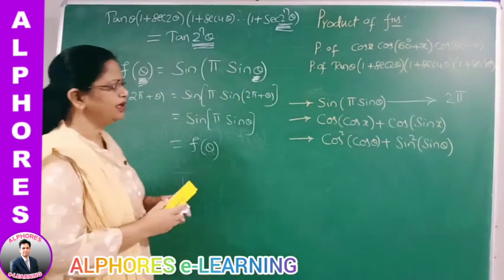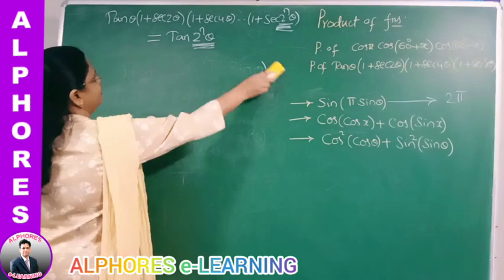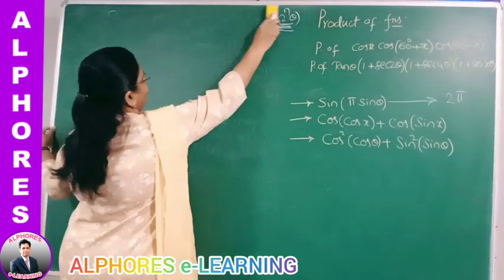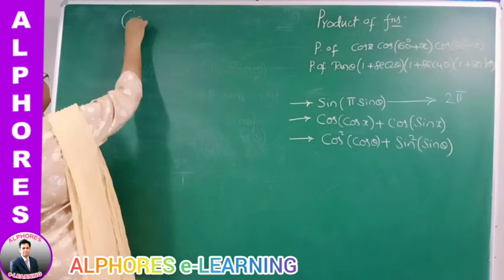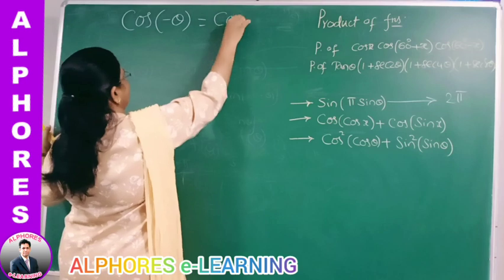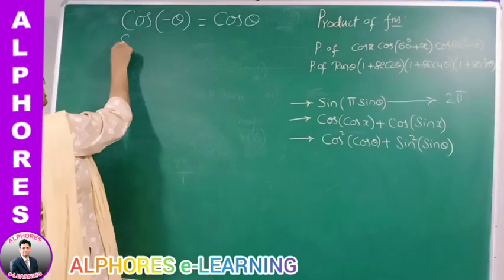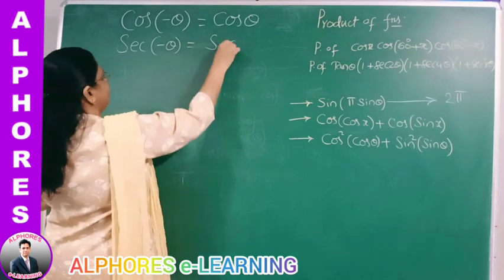Okay. Now once cosine problems are there, you must be very cautious while doing cosine or secant, because of the danger point: cos of minus theta equals how much? Cos theta, and at the same time secant of minus theta is equal to secant theta.